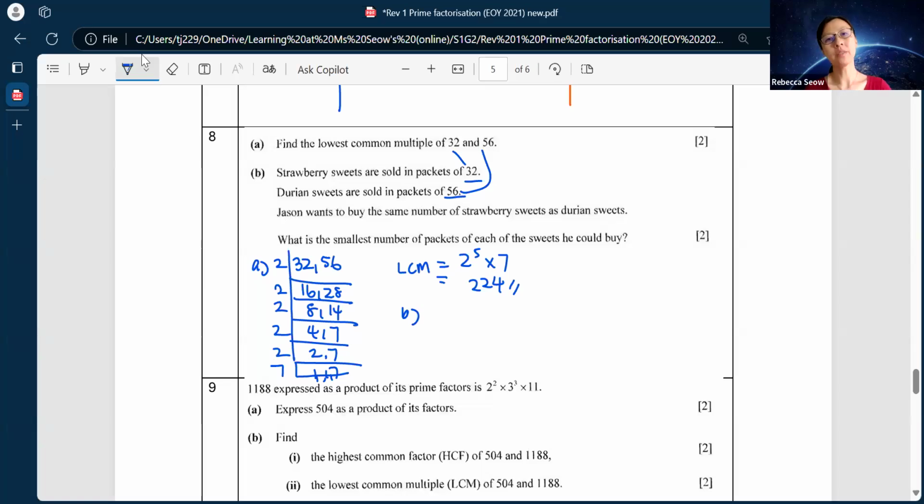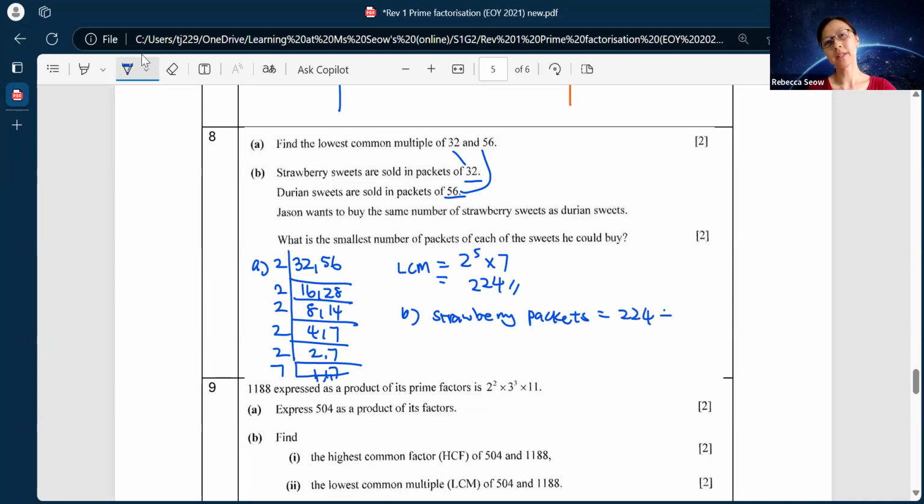So what we need to do is we recognize that since the LCM is 224, at the end of the day, there are 224 sweets that are strawberry and 224 sweets that are durians. So strawberry sweets are made up of how many packets?